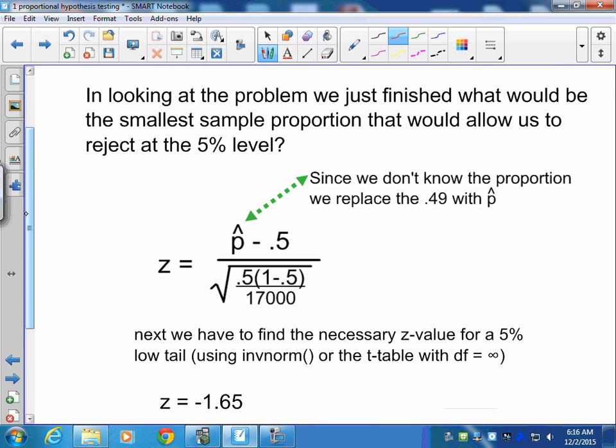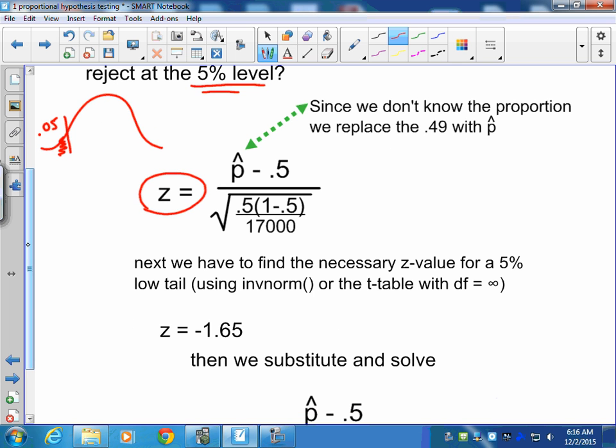So now, if they take away the sample value, they have to give us something to find z. And we will find that based on our significance level. Our significance level is telling us about the tail portion of the graph.